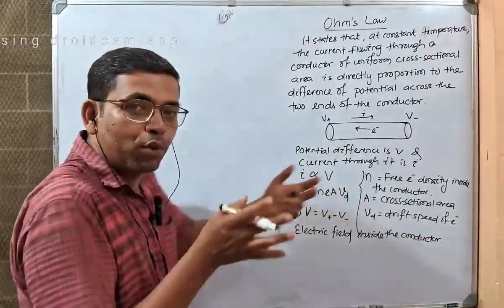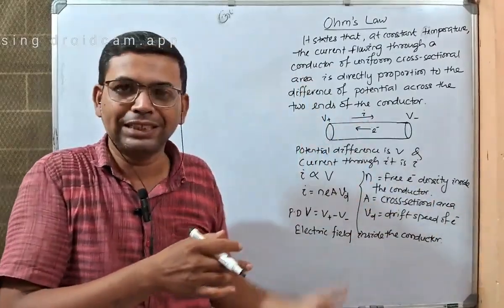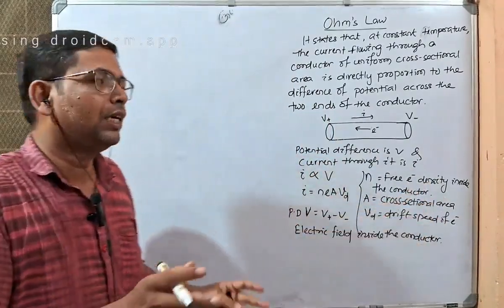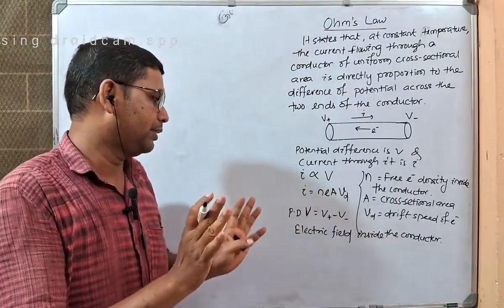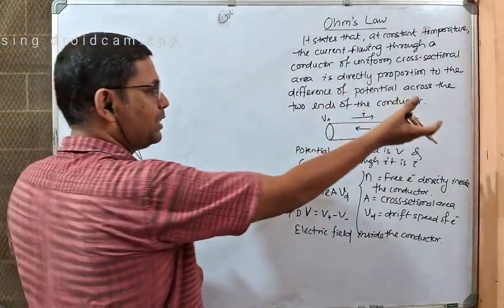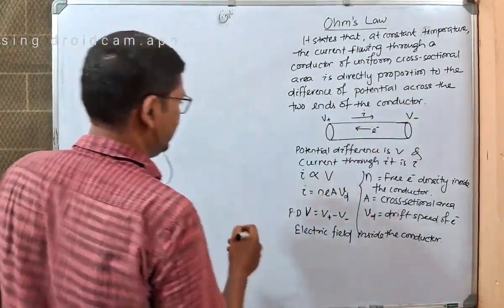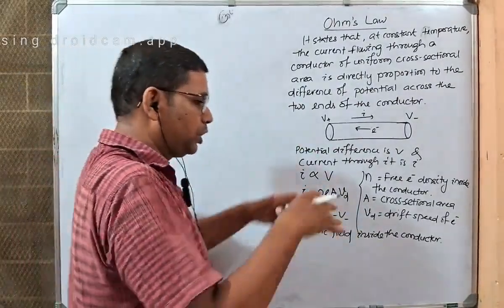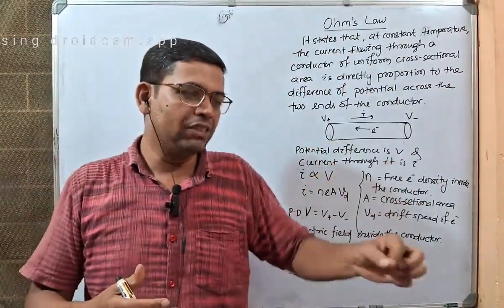Since we are applying a potential difference, there should be an electric field inside the conductor. If we do not apply any potential difference, then the electric field inside a conductor is zero. If a conductor is placed in an electric field, or given some charge, the charge comes to its surface and the net electric field inside is zero.